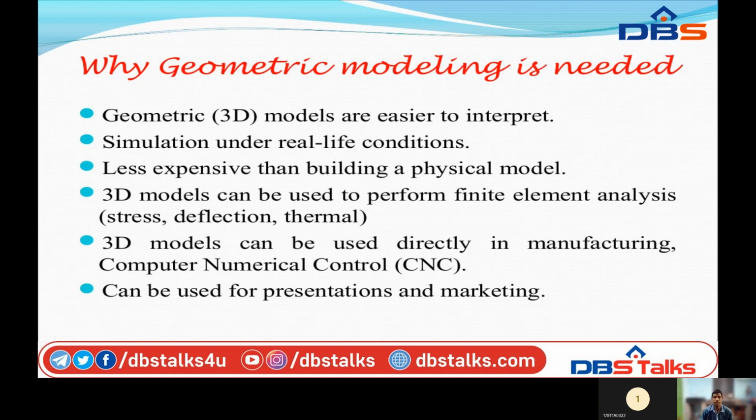These models are used for FEA, that means finite element analysis, like stress, deflection, and thermal. And these models are used directly in manufacturing, that means computer numerical control or CNC. So for these reasons, we are using geometrical models in CAD software.